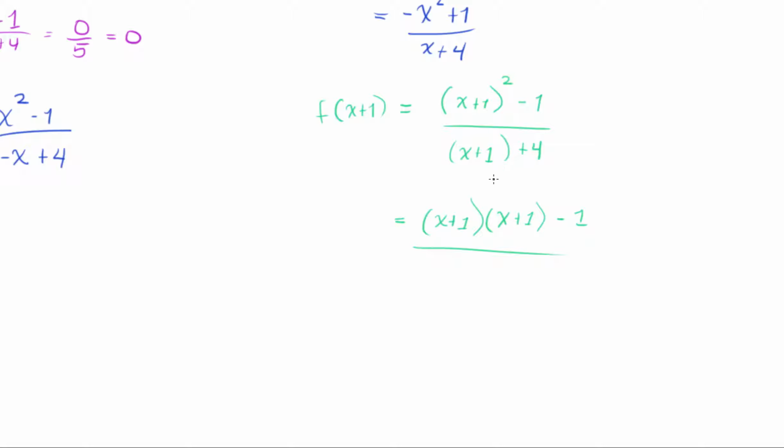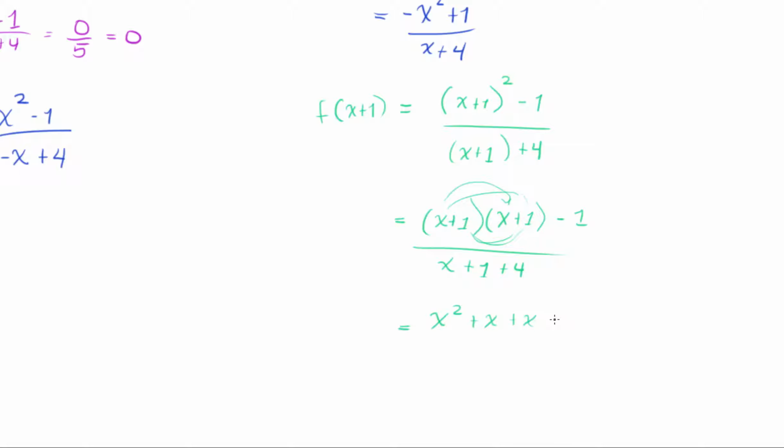Now, there's nothing to distribute here, so you can take out the parentheses. We FOIL, right? X times x is x squared. X times 1 is x. 1 times x is x.